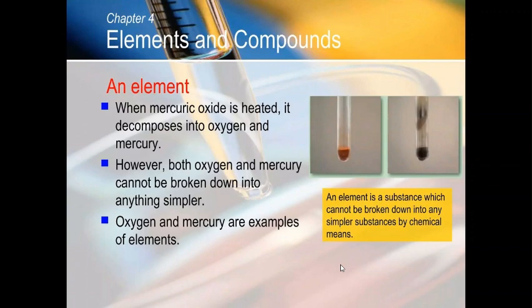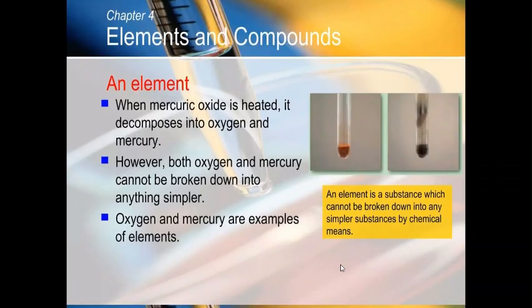Oxygen is an element, and an element cannot be broken down any further. So oxygen and mercury are examples of elements. We breathe in oxygen, and we cannot break it down into any simpler substances because oxygen is an element.